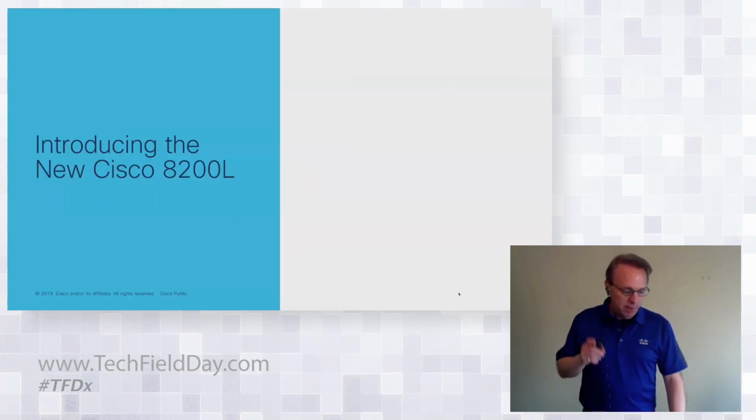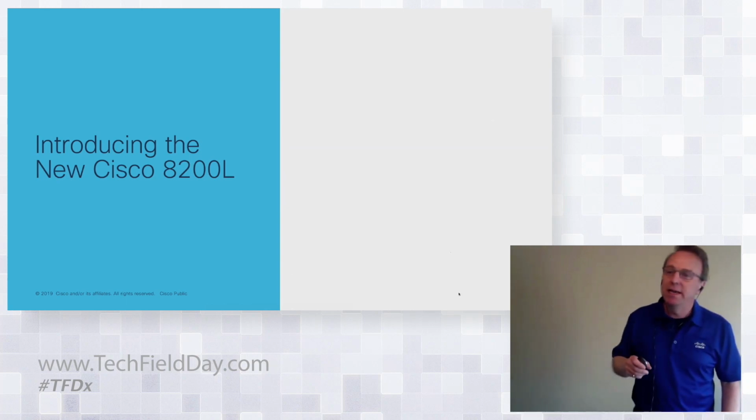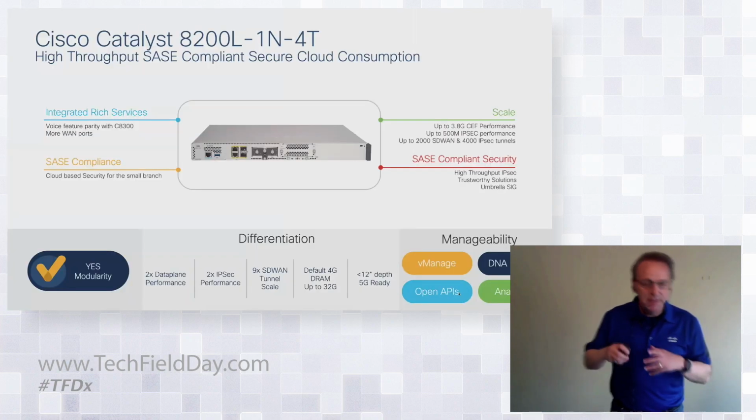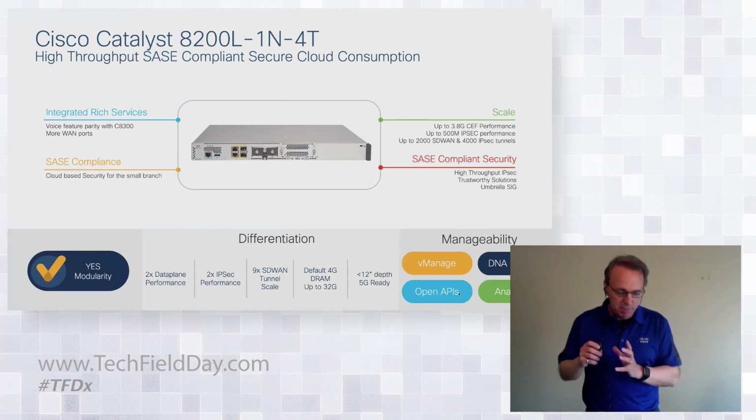So I just want to touch on one thing before we move on to the demo, if I can. We recently released a new 8200 series product called the 8200L. It's kind of tied in with the cloud, so I want to make sure you were aware of it, right? This is a very compact, optimized platform for cloud network applications. It's really built for the cloud consumption model, right?